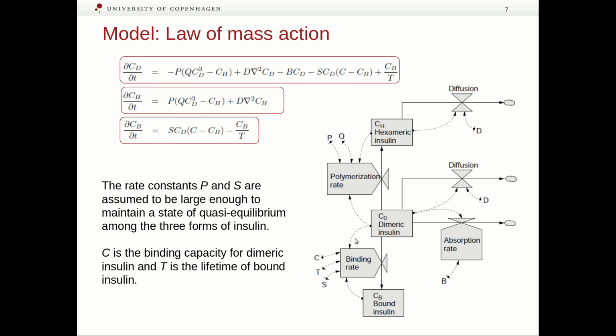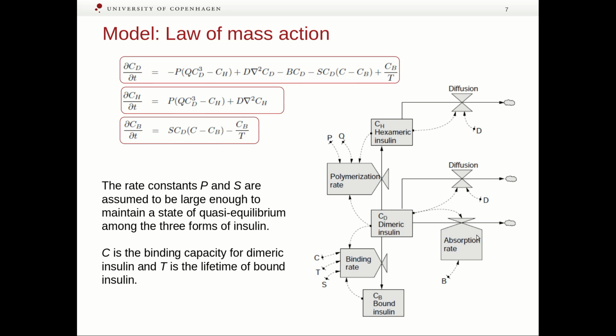And there's again a balance between bound insulin and dimeric insulin. If the dimeric insulin is sufficiently high, it will override the bound insulin. But if the concentration of dimeric insulin becomes very low, then the result will be that all the insulin will be bound and nothing will be absorbed.